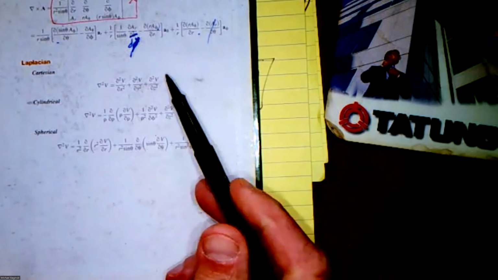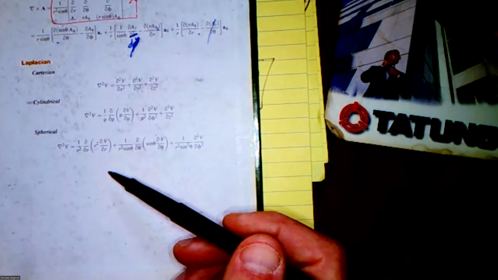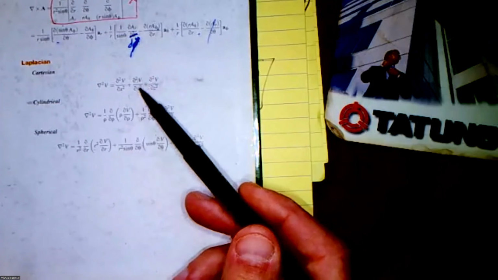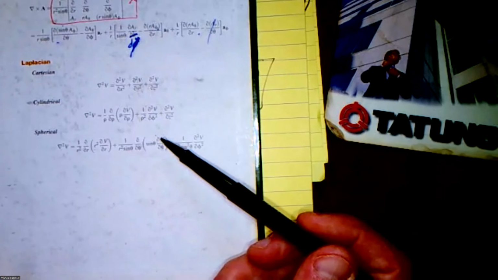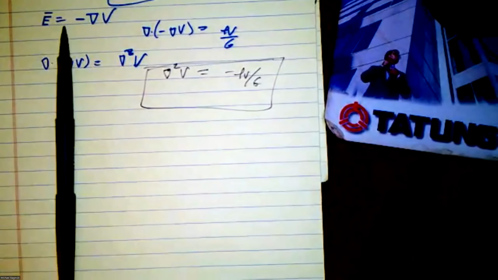If you look at your cover, you're going to see the del squared operator for Cartesian, cylindrical, and spherical. Can you all see that, class? Yeah. The only thing you're doing is solving these differential equations for the appropriate problem statement. And the easiest way to see this is just go and do a couple of them.